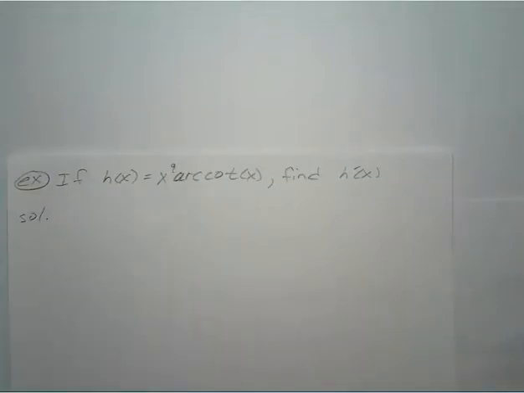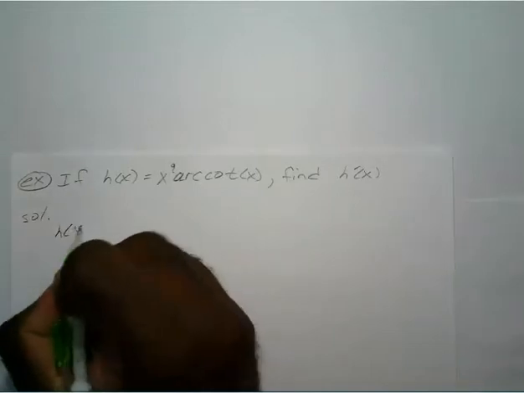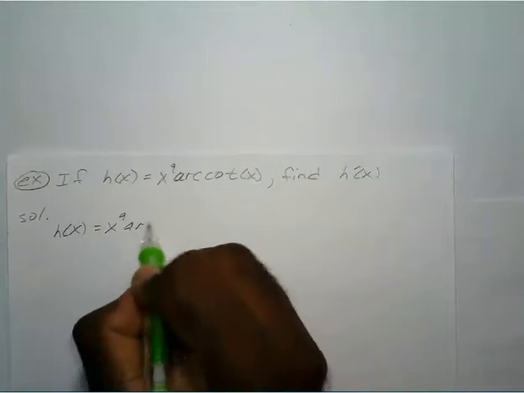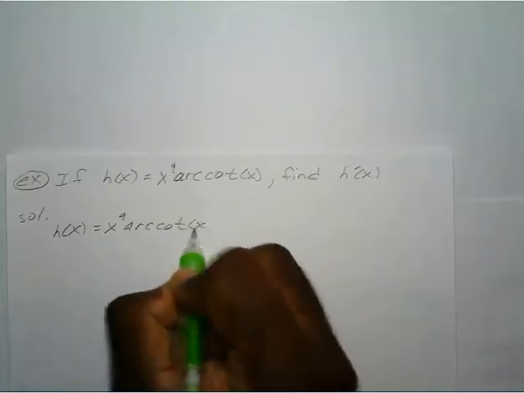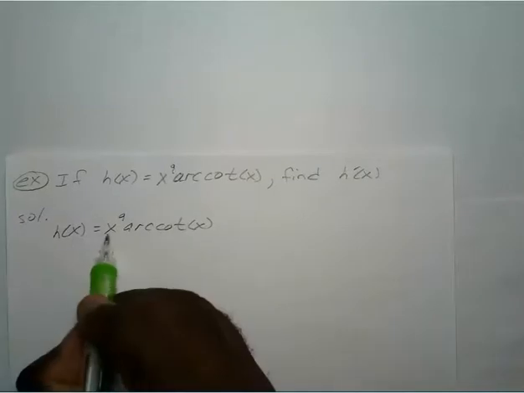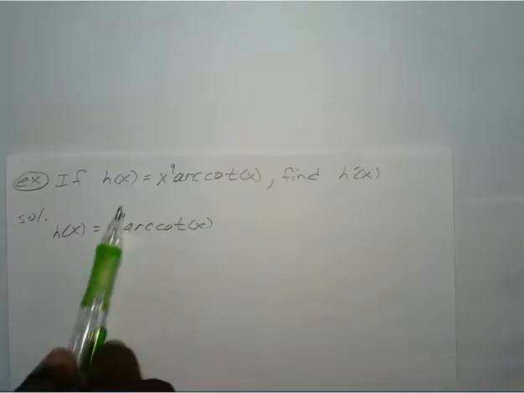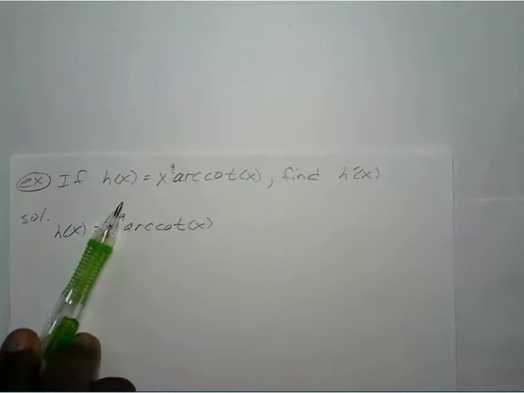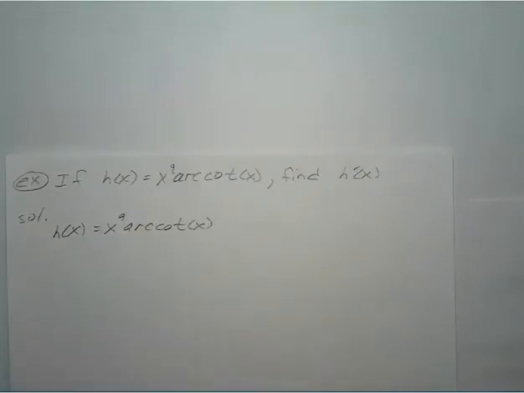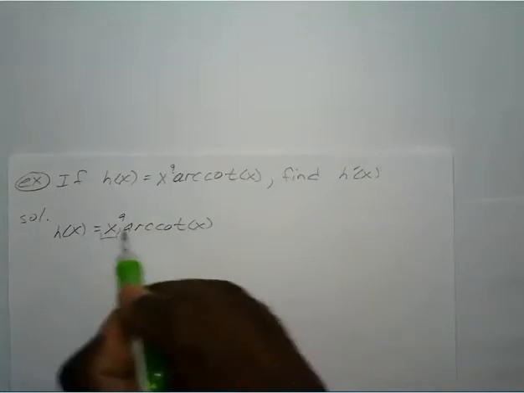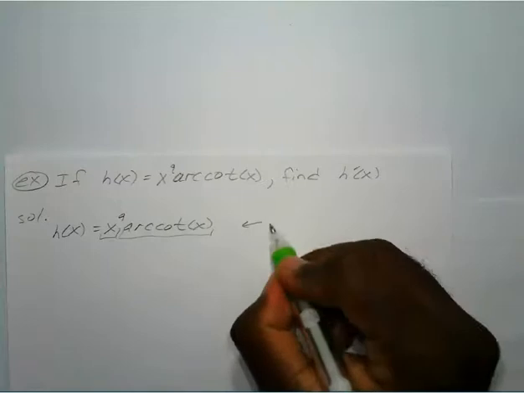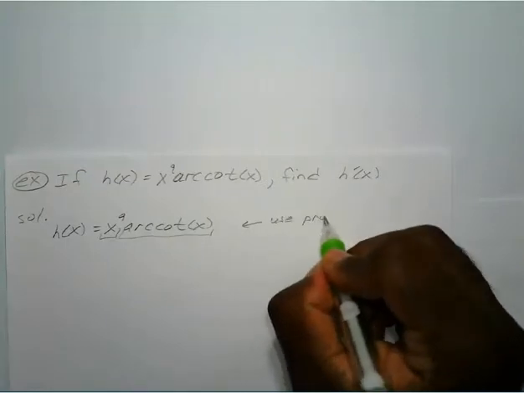All right, so this one, I'm just going to rewrite it. X to the 9th power arccotangent of x. You see here, you don't have just arccotangent. You have two different x functions multiplied to each other, where this is your first one and this is your second. Okay, so here we have to use the product rule.